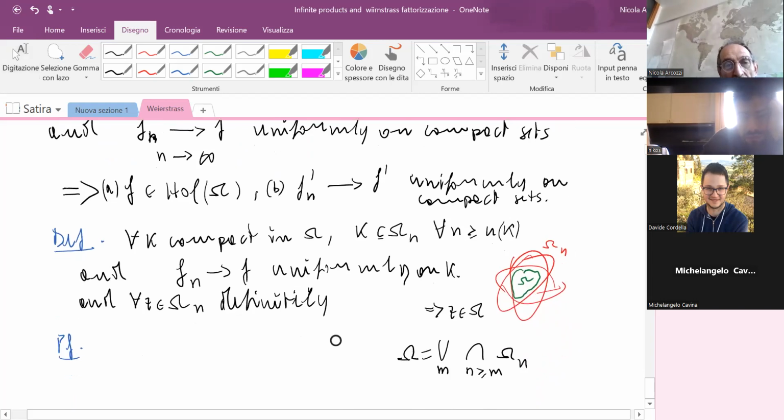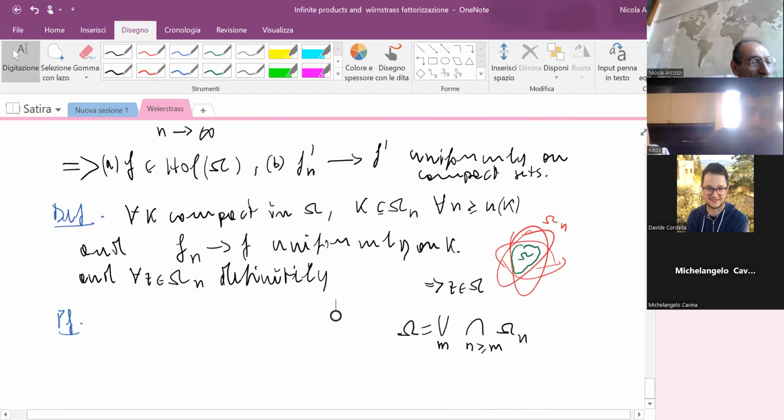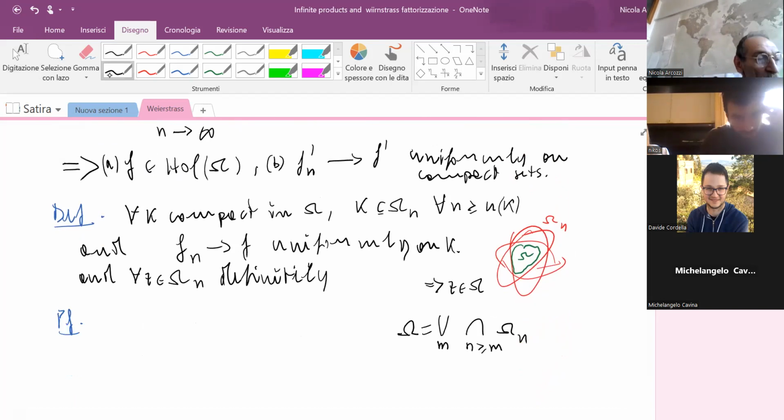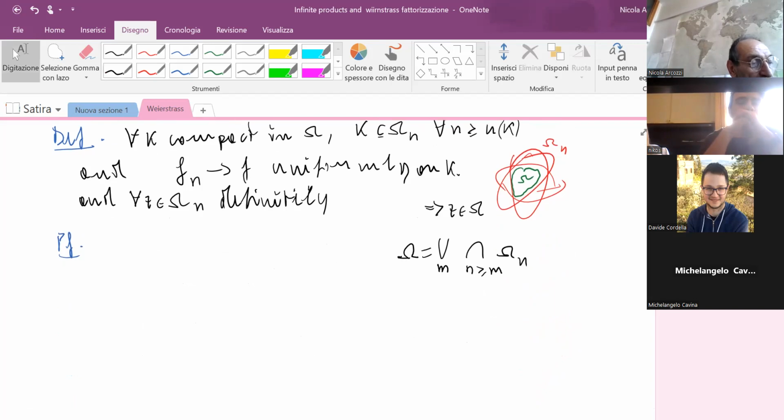Okay, the point is that I pick this compact set. We use Morera's theorem, because the proof is on a disk, in fact.